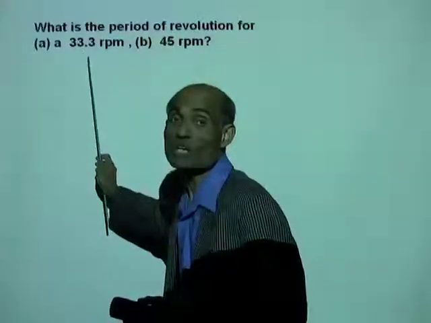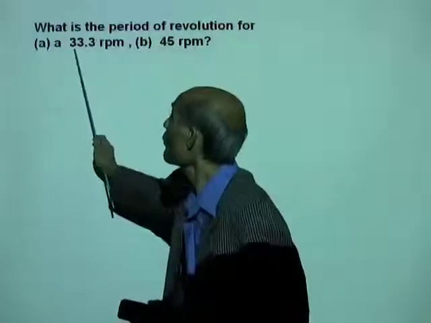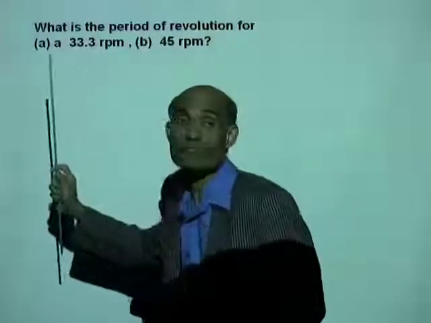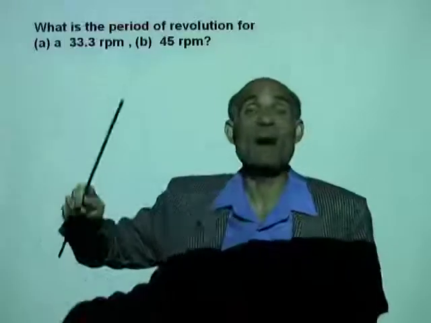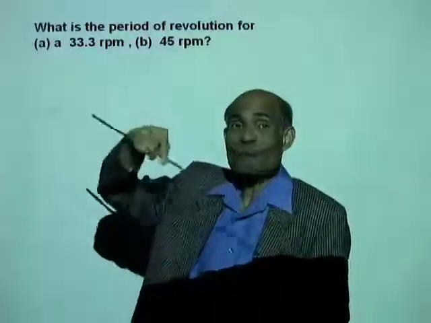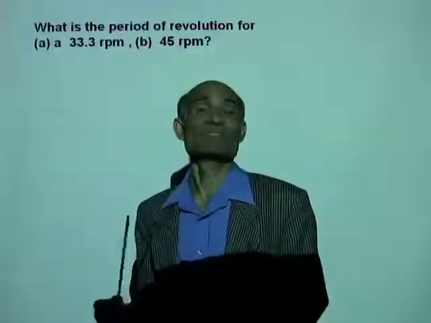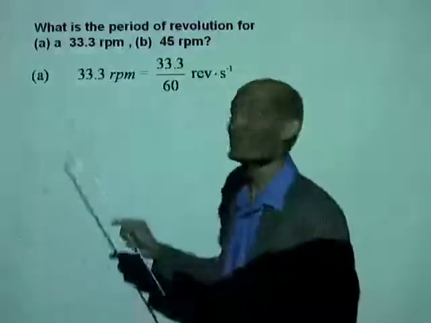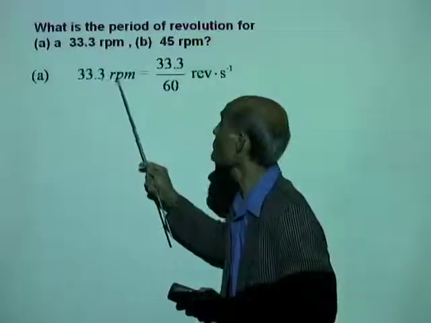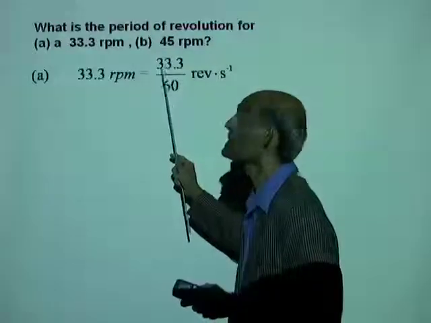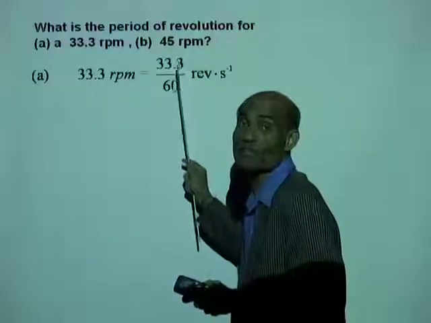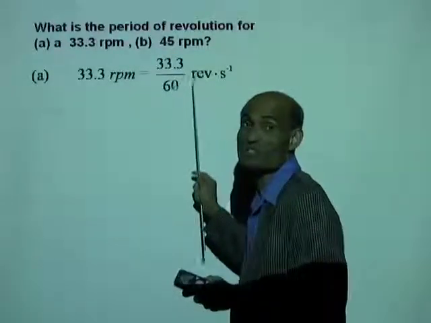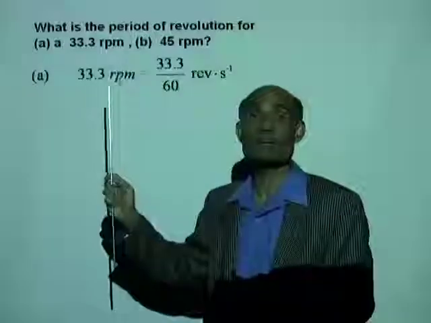The time taken for 33.3 revolutions is 1 minute. What is the time taken for one revolution? It is 1 minute, which is 60 seconds, divided by 33.3. Is that right? So 33.3 RPM is 33.3 divided by 60 revolutions per second.